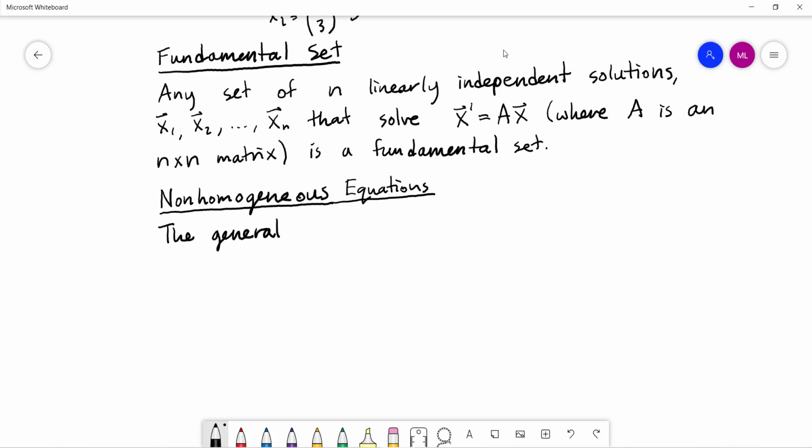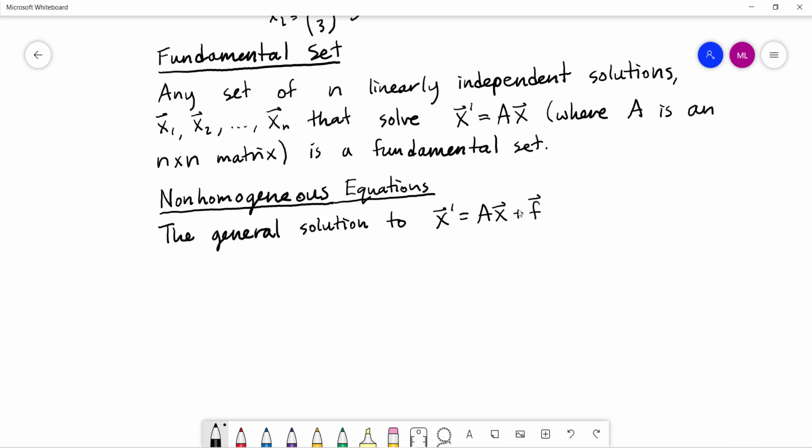So the general solution to, imagine it's x prime equals Ax, there's the homogeneous version, but now it's non-homogeneous because we add some additional term plus f. And this f could be a function of whatever the independent variable is, so presumably t in this case. But the fact that we have this plus f term is what makes it non-homogeneous.